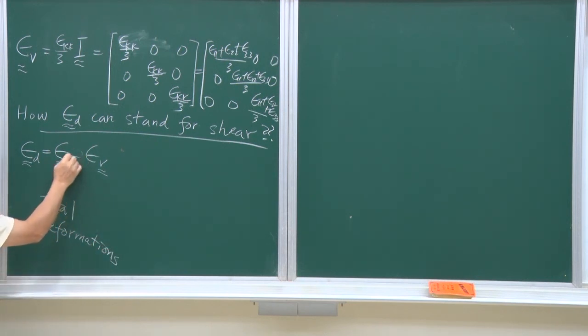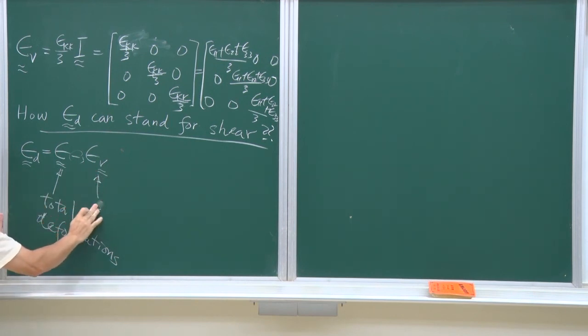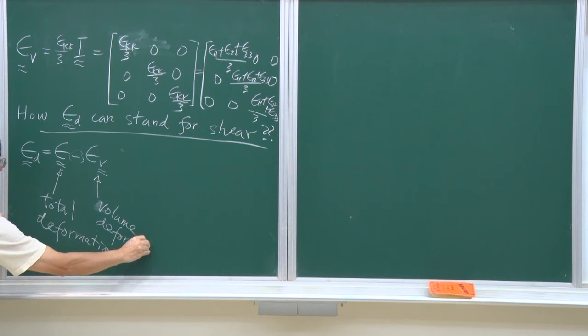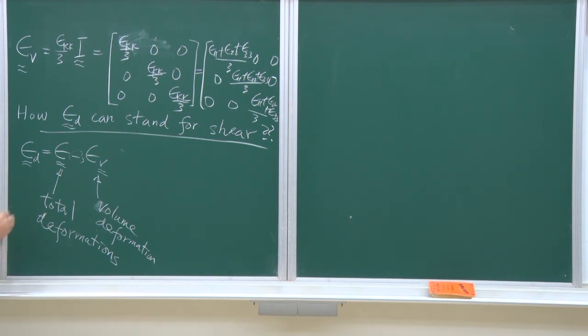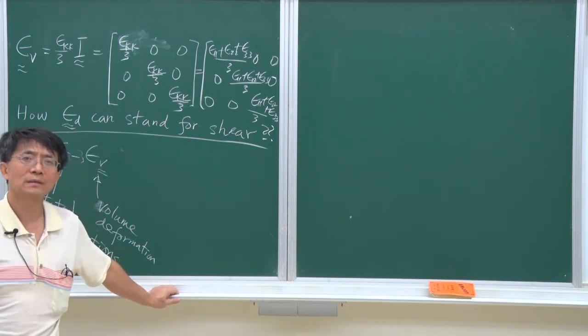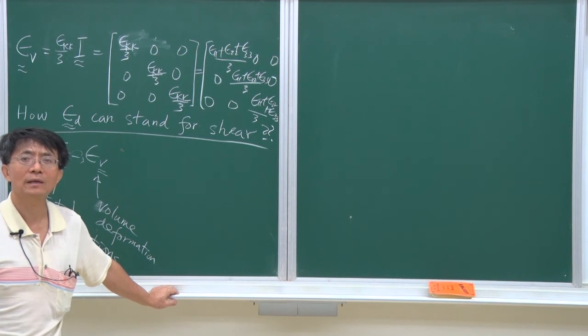Okay, and then we subtract from this total deformation the volume. So what remains? What remains is the shear, right? Okay, so we have the shear. This is an easy way to explain this viewpoint, but it is not rigorous. Okay, it is not a very rigorous way.